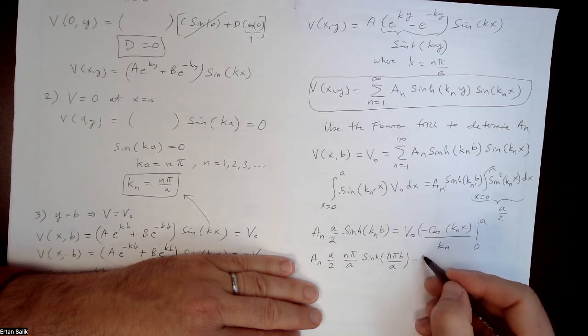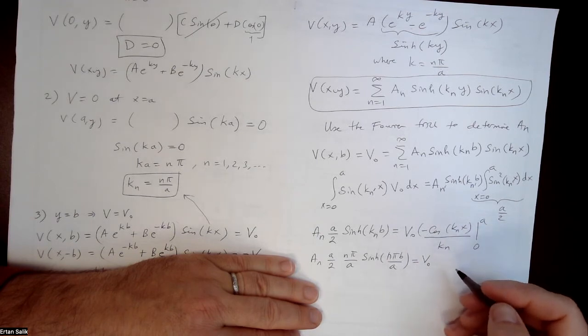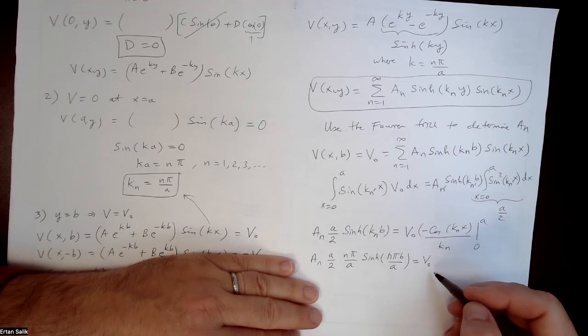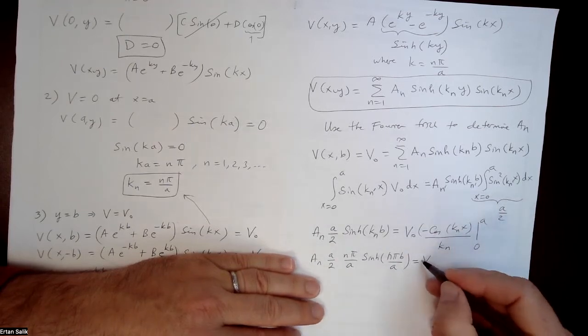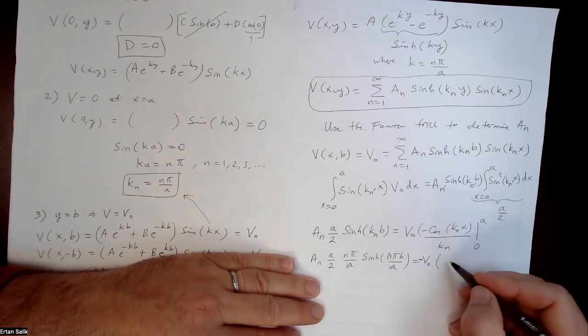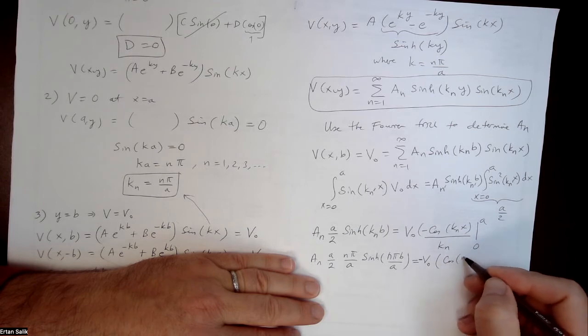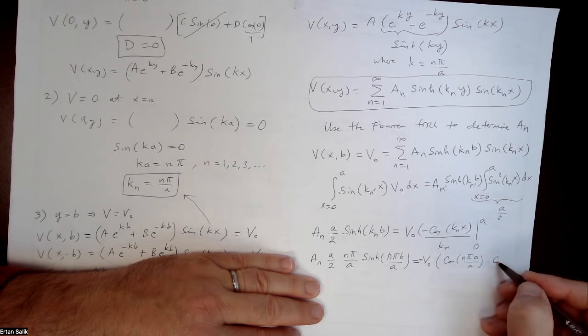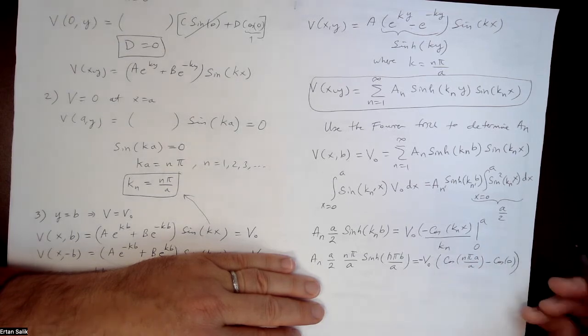And then on the right hand side, I have v naught over kn, we already took care of it, minus v naught cosine of n pi a over a minus cosine of 0.